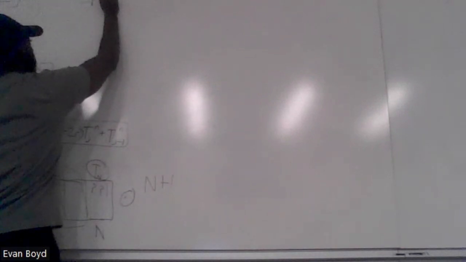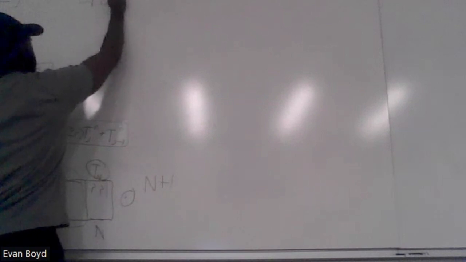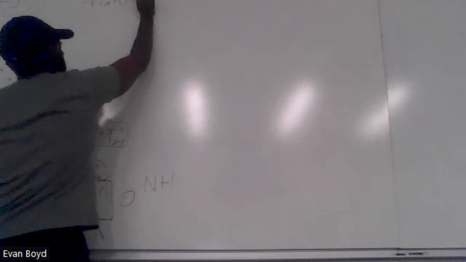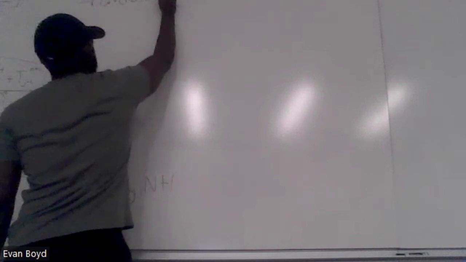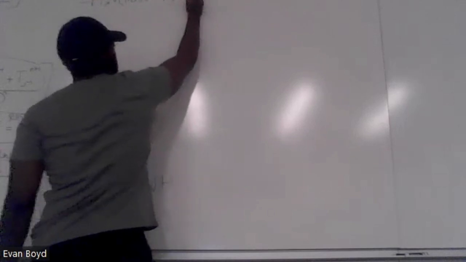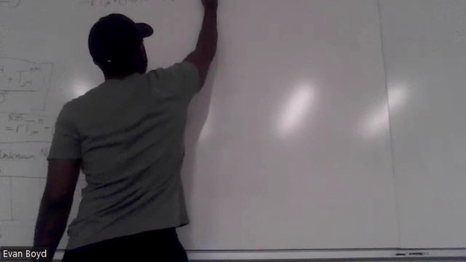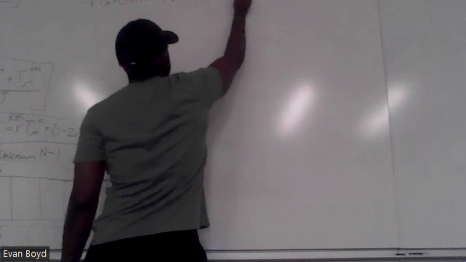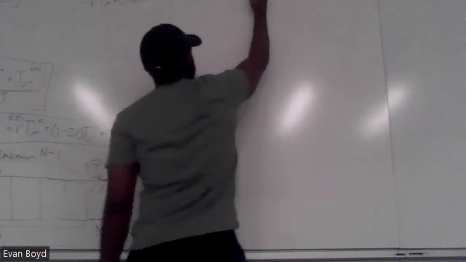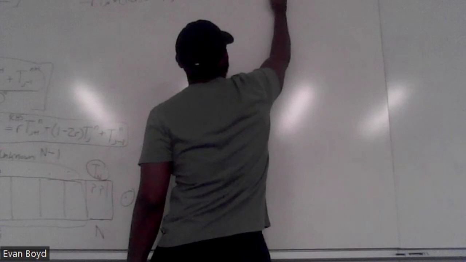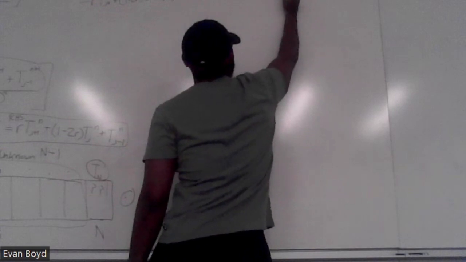Now I can restate this, because you guys can't really see the board. This R, T at J plus 1, plus 1 minus 2R T at J, then minus T at J minus 1, and that's it.